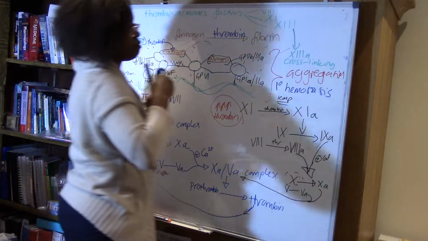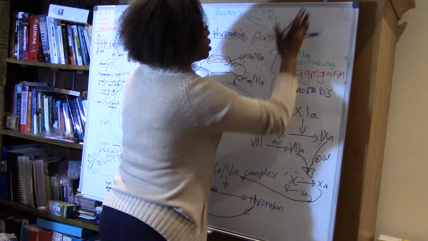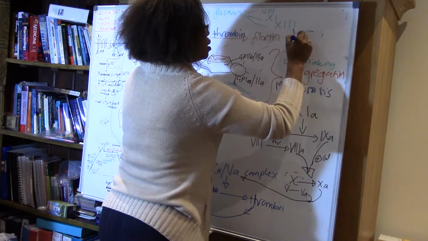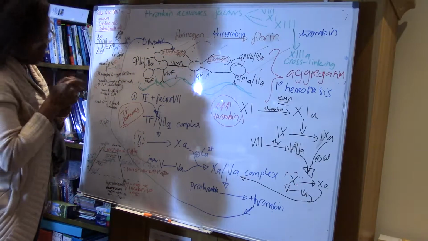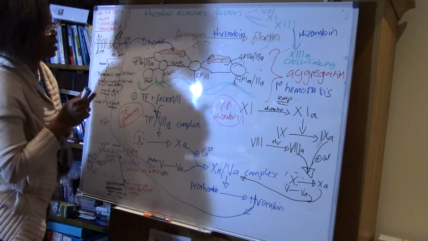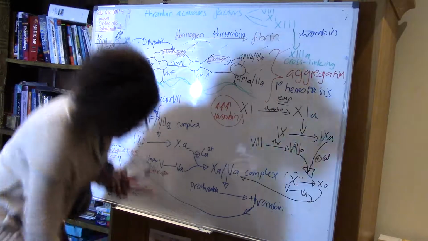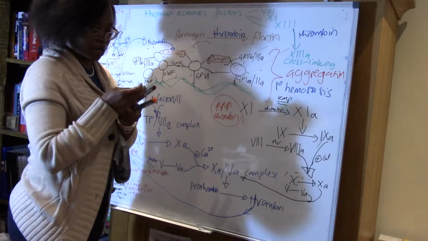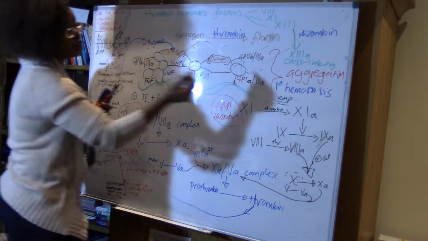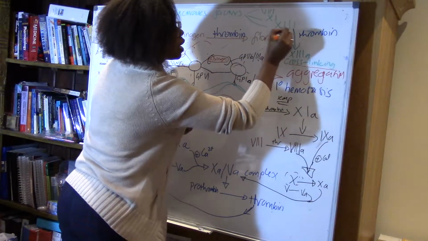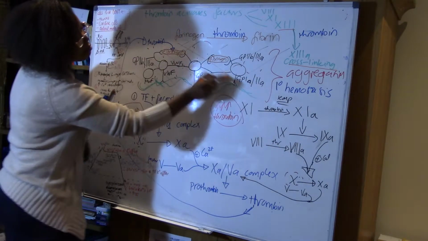This is converted by thrombin. I'm going to write the cross-linking in orange. So factor 13 comes in and cross-links all that fibrin mesh.